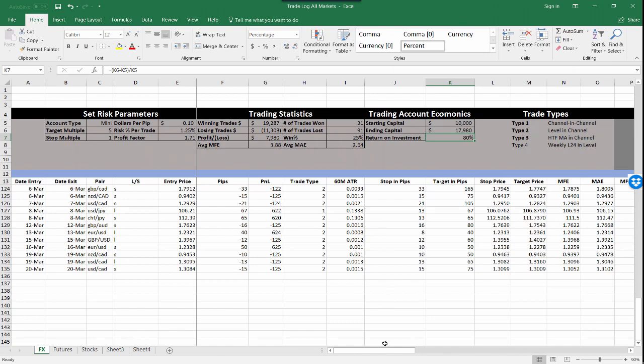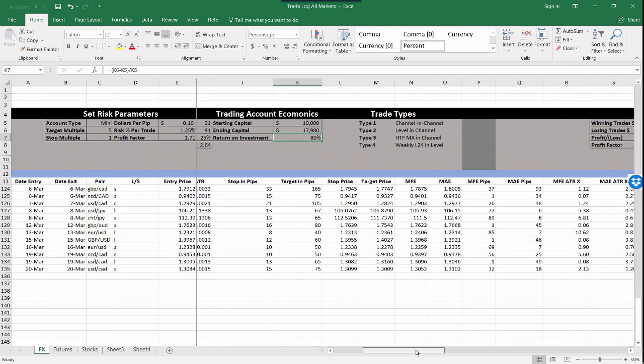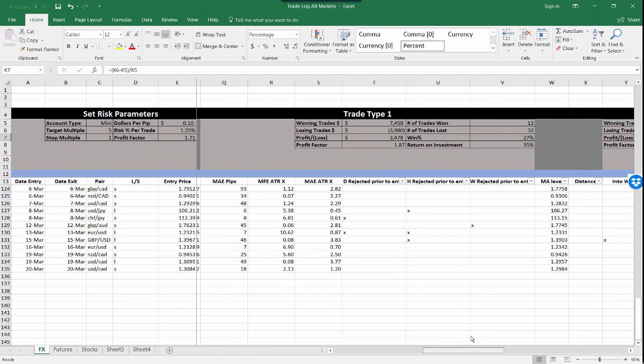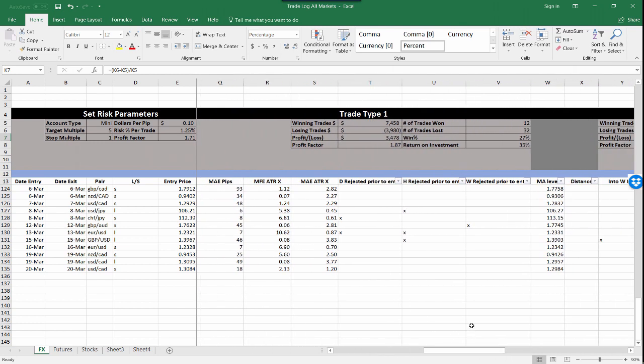Now from here, what I like to do is start analyzing each individual trade. And what I've noticed is, if you're trading into any kind of an important level, and that level gets hit and is rejected prior to your trade entry, those trades typically don't work out.